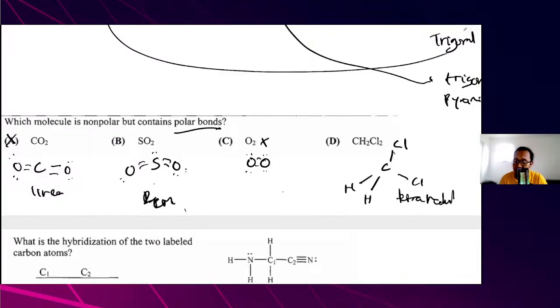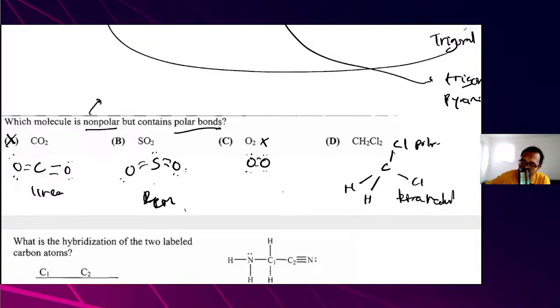How about the CH2Cl2? CH and CCl are also polar. This one is polar. And now remember, the molecular shape is tetrahedral but not symmetric. There is an H and then Cl. Because there is no symmetry, the dipoles do not cancel. So what's the meaning of nonpolar but contains polar bonds?